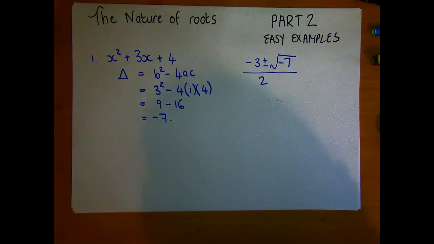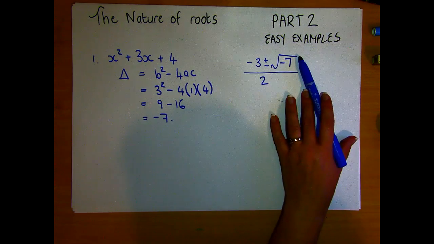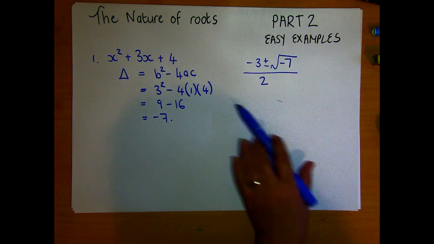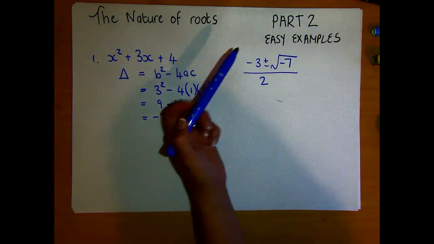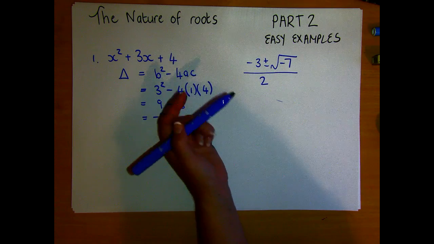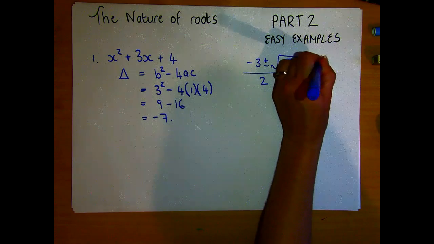That would be my answer. And you can see that because the thing inside the surd sign is negative, it doesn't matter how many different ways I pop that into my calculator, I'm getting a math error because it's not real. So I can already see that that is going to be something that is non-real.